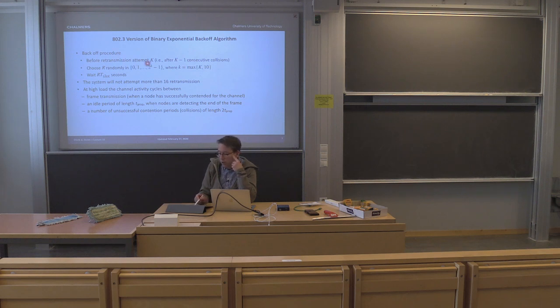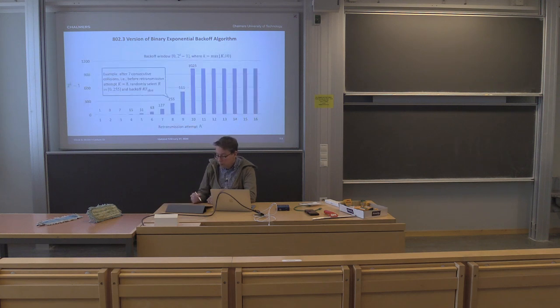Before retransmission attempt k, which means that we have had k minus 1 consecutive collisions, we choose R randomly as an integer from 0 to 2 to the power of k' minus 1. Here k' is equal to k as long as k is less than or equal to 10. When k is greater than 10, it will be 10. So we cap that at a maximum of 10.